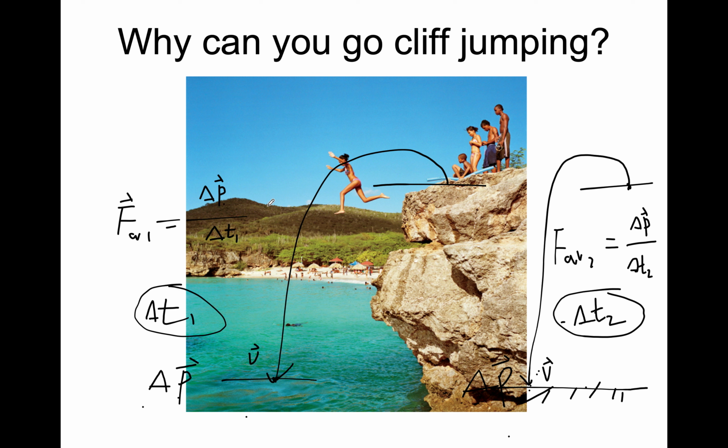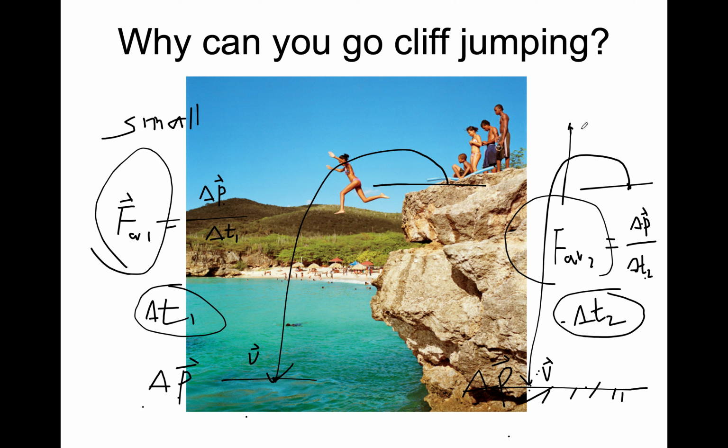So delta p is the same, and delta t1 is much larger than delta t2. Then how does the average force compare? If delta t1 is much larger than delta t2, we can conclude the force here is much smaller, right? This one is small, and this one is not.